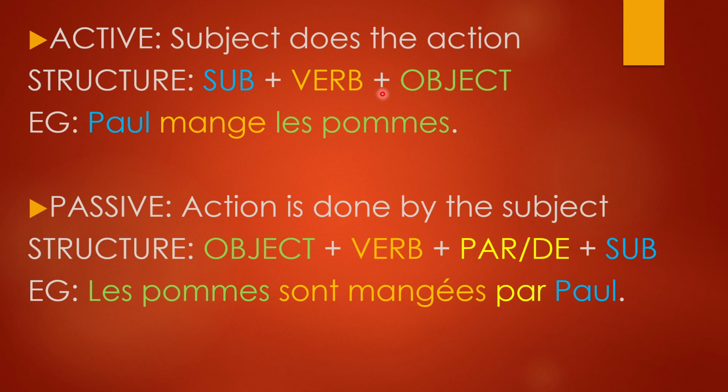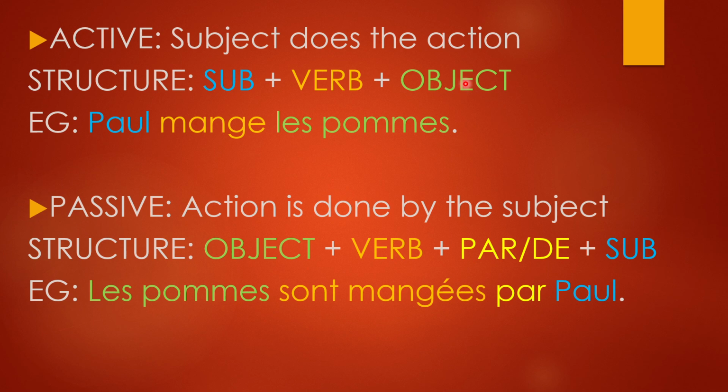Now when you have the subject preceding the verb and the object following the verb, that is when your sentence is of the structure subject, verb, object, it is an active sentence. More importance, more emphasis is accorded to the subject rather than to the object.